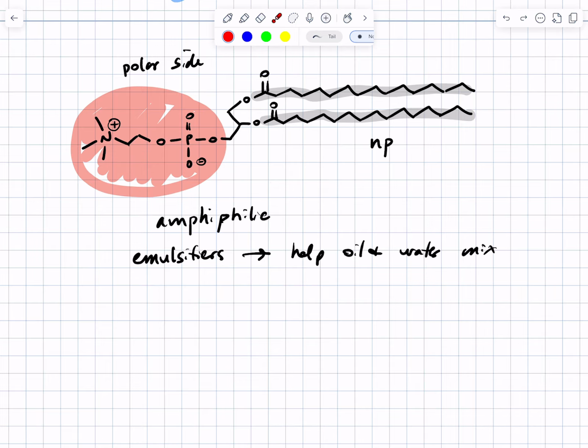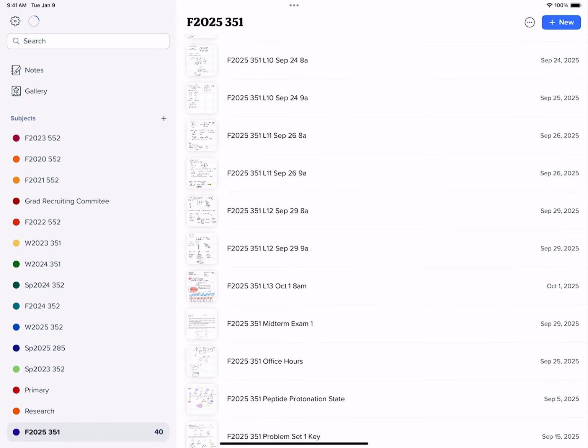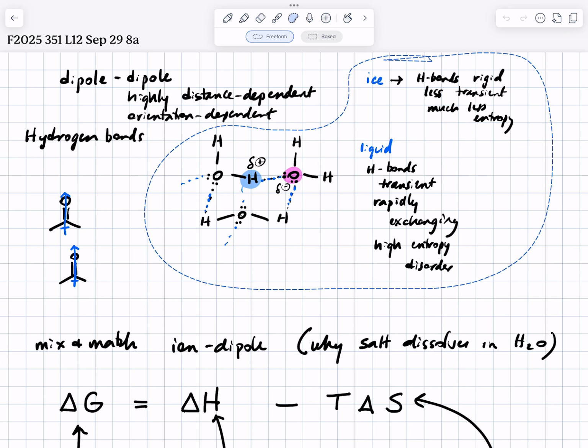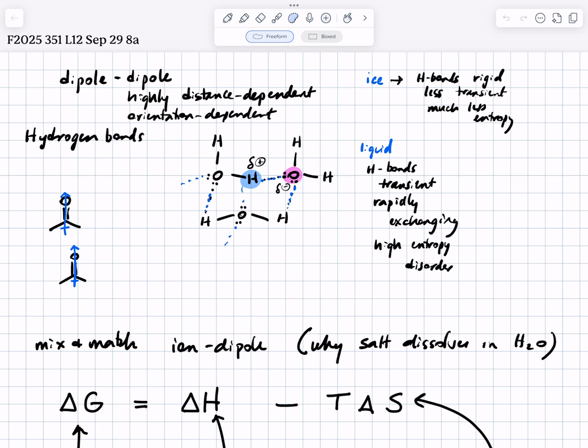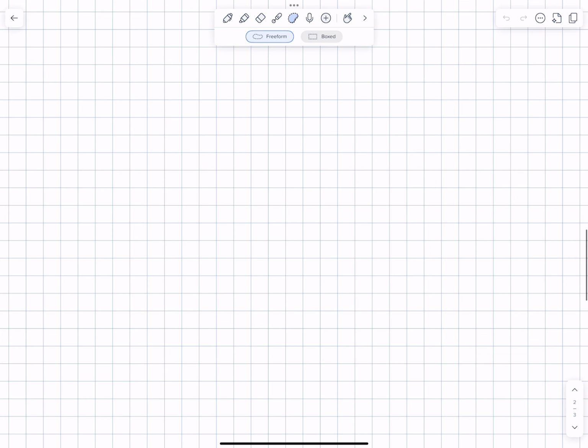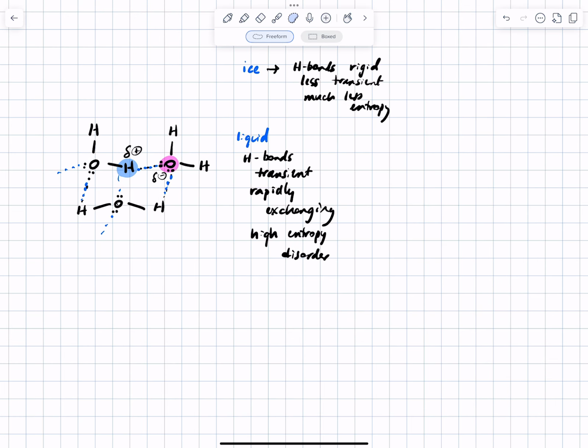Okay, finally, the hydrophobic effect. To understand this, we got to go back to what we said, I think last time, about the difference between water and ice. This you must understand, or else what I'm going to try to tell you about why oil and water don't mix will not make sense.